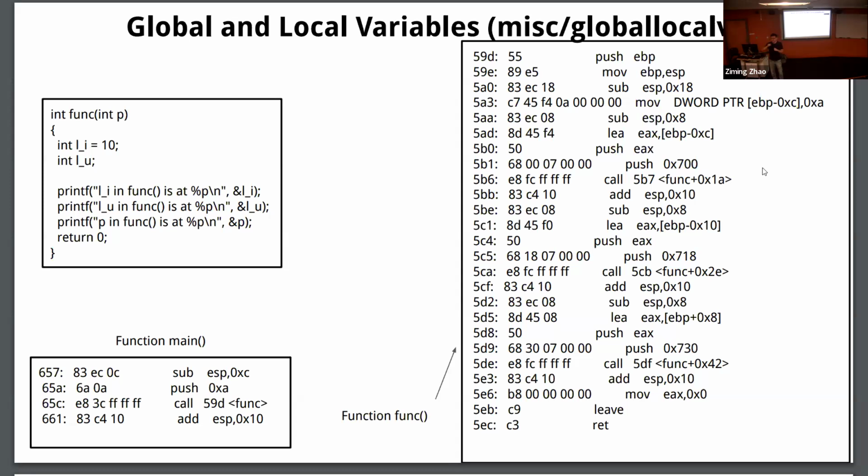It has the previous function's stack pointer. ESP points to wherever the top of the stack is. They will not be the same. At a high level, that's my explanation. But when you see more concrete examples, you will know.